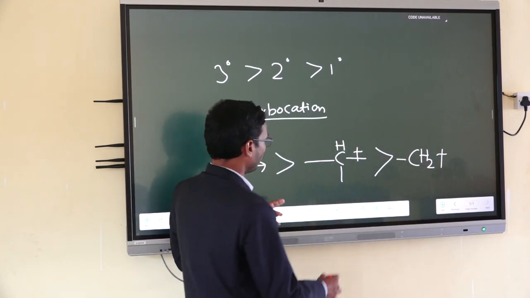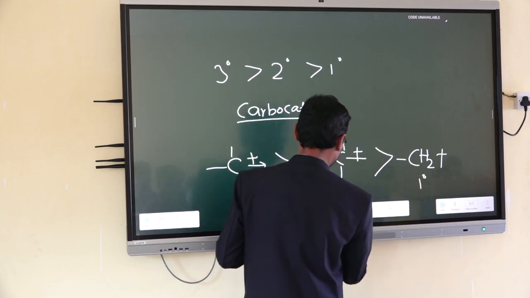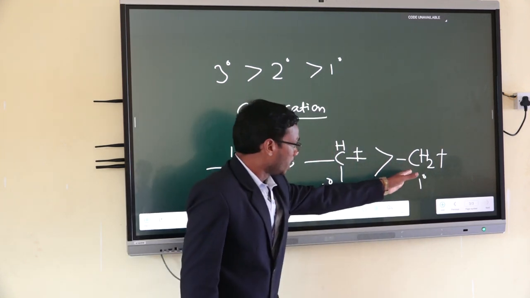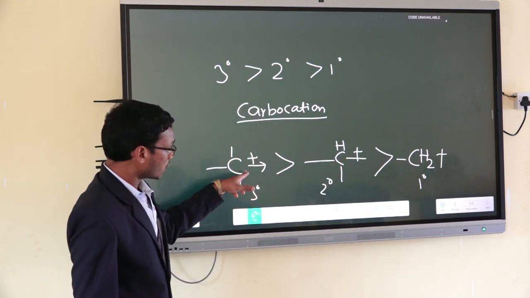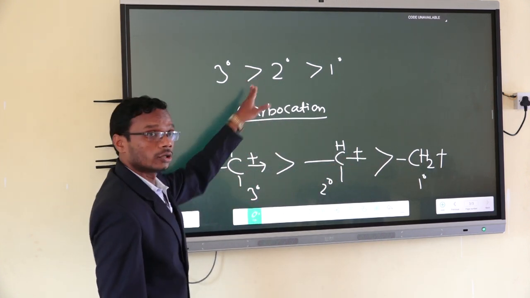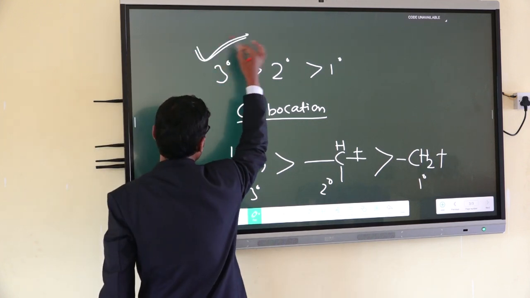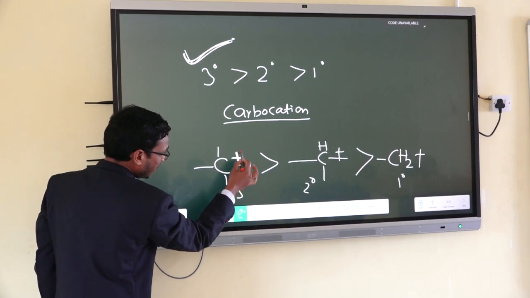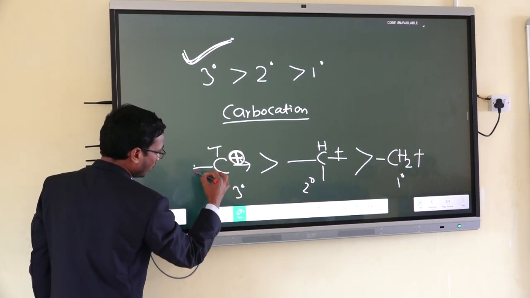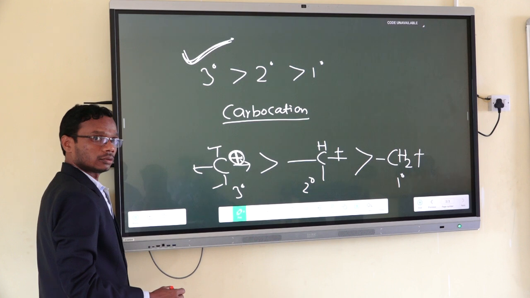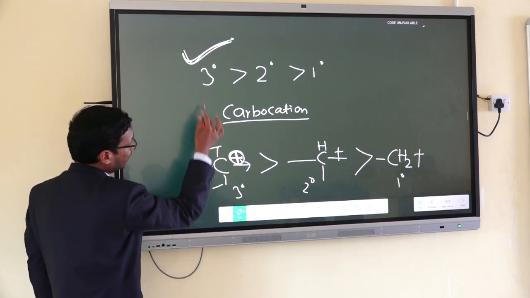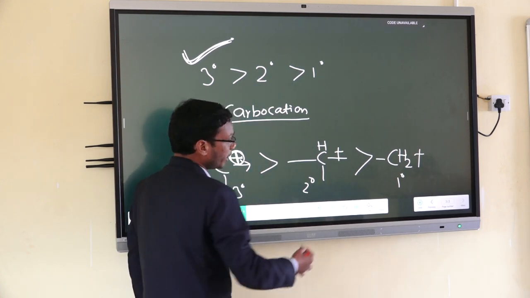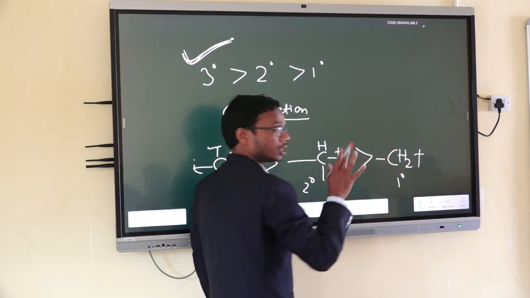This is primary, this is secondary and this is tertiary. A tertiary carbocation is the most stable because, listen carefully, the positive charge is shared by 3 sides, 1, 2, 3. Due to sharing on 3 sides it is more stable, then secondary is less stable, and primary carbocation is least stable.